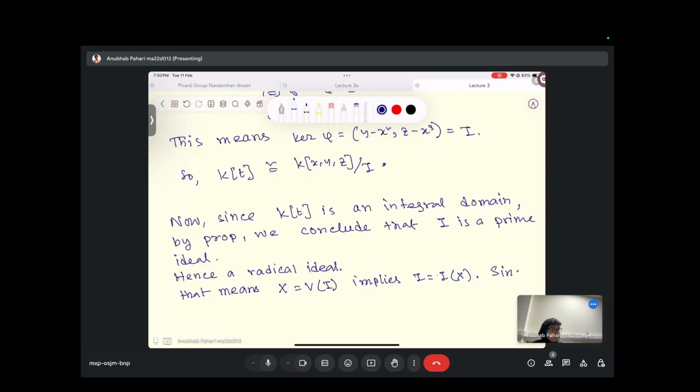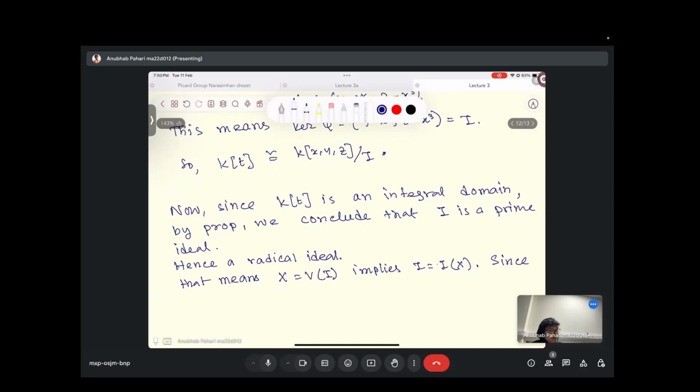Since I is a prime ideal, X is an affine variety.